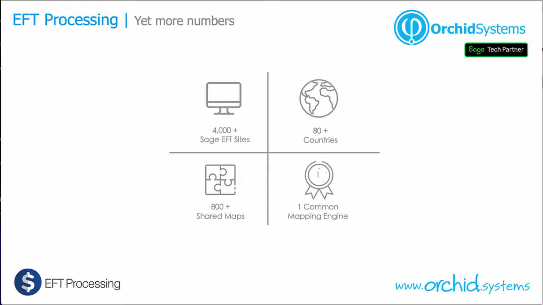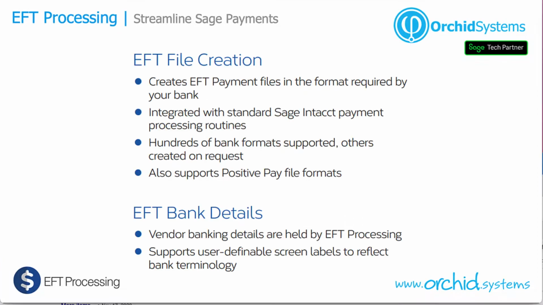The Sage modules for both Sage Intacct and Sage 300 use the same common mapping engine, and they have at this stage over 800 shared maps mapping the information in Sage Intacct through to the information that the bank needs. Additional maps can be requested, and you can of course create your own user-definable maps as well.